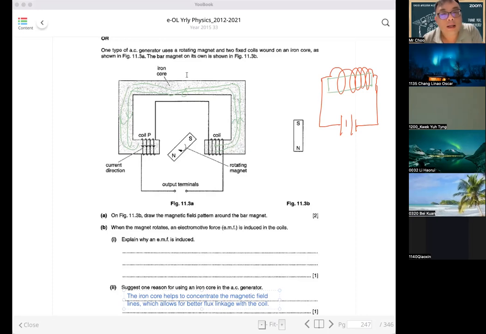So with a core, there is a place for the magnetic field lines to move, and therefore it helps to concentrate the magnetic field lines for better flux linkage with the coil. Can everybody type this out now and show it to me for part 2? Everyone.